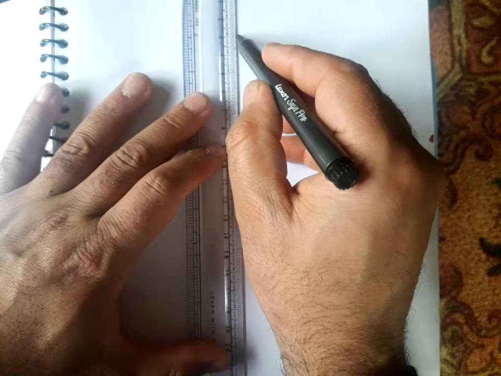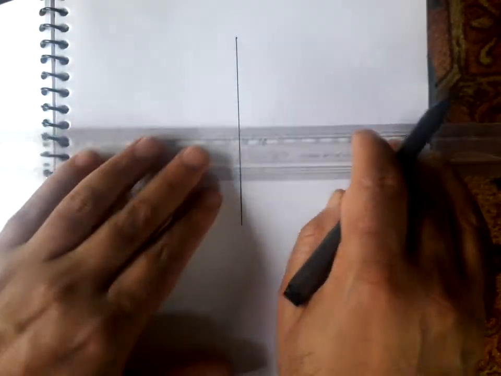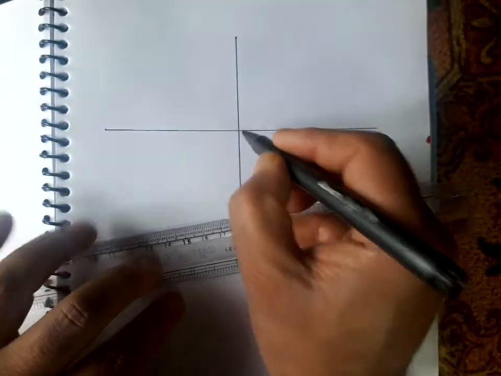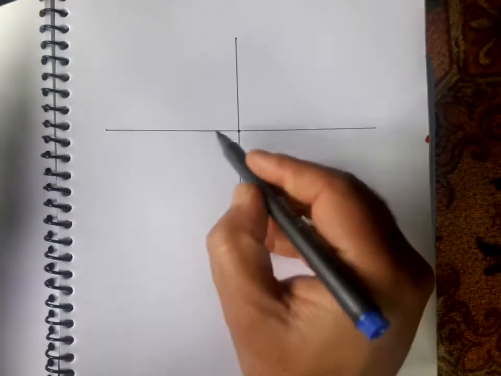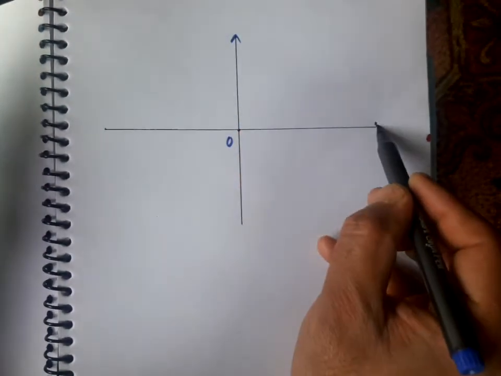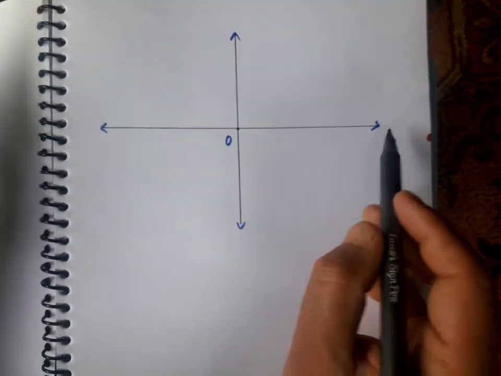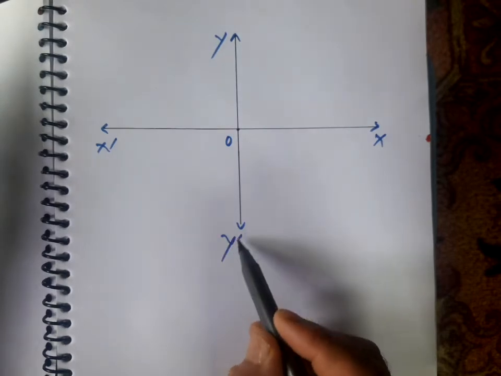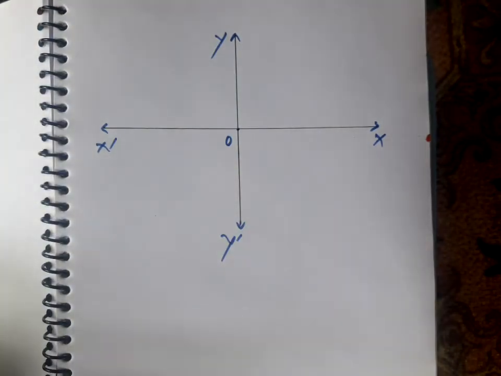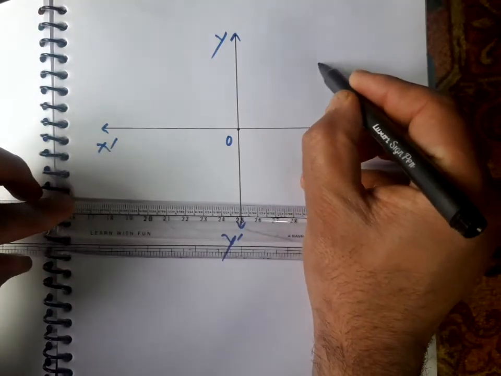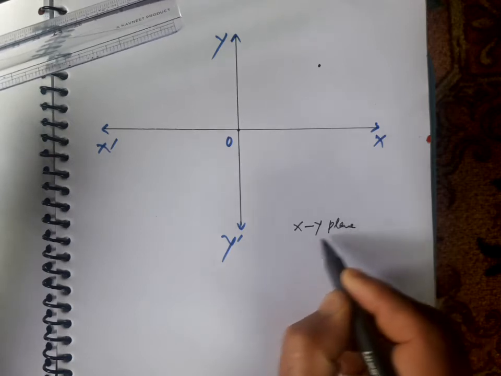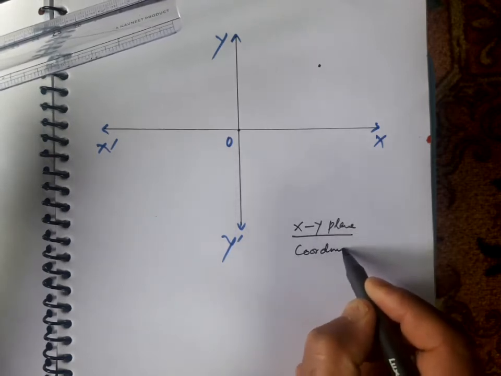We have two mutually perpendicular lines intersecting at a point. We call the point the origin. So we have a horizontal line called the x-axis, marked x prime, and a vertical line called the y-axis, marked y prime. Now if you have a point in this xy plane, or coordinate plane.